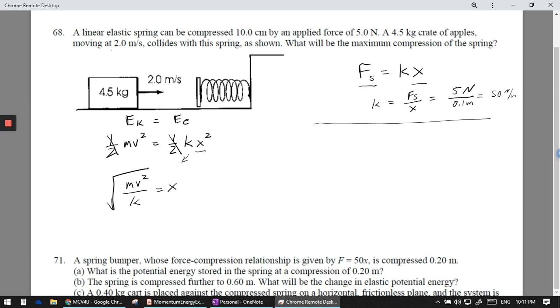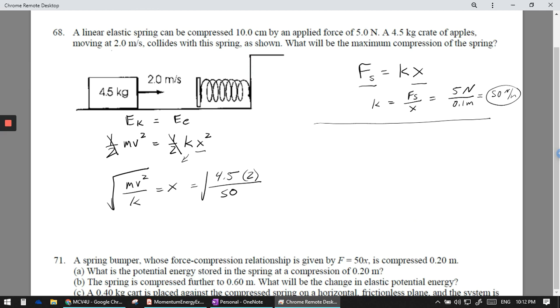As it turns out, this is the mass of the crate, or 4.5. My velocity that the crate hit with is 2. And k, oh, that's 50, from up here.